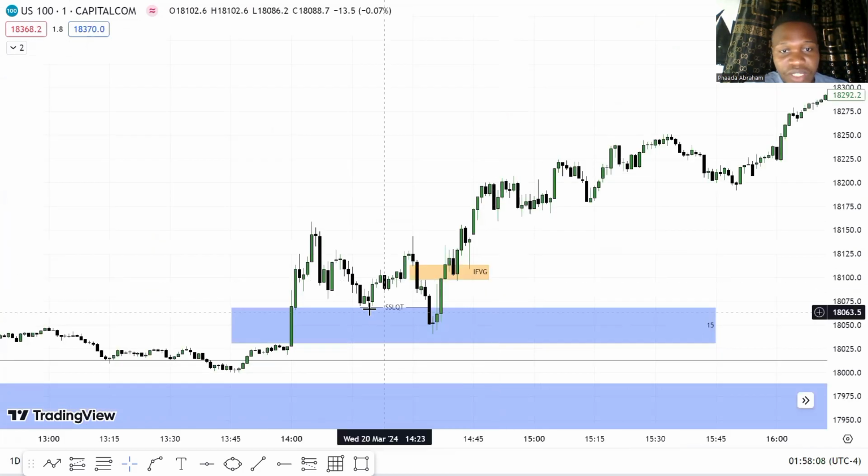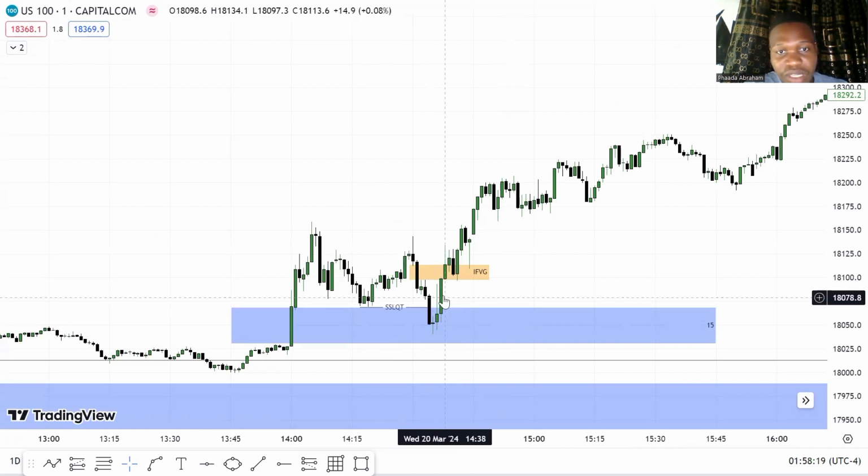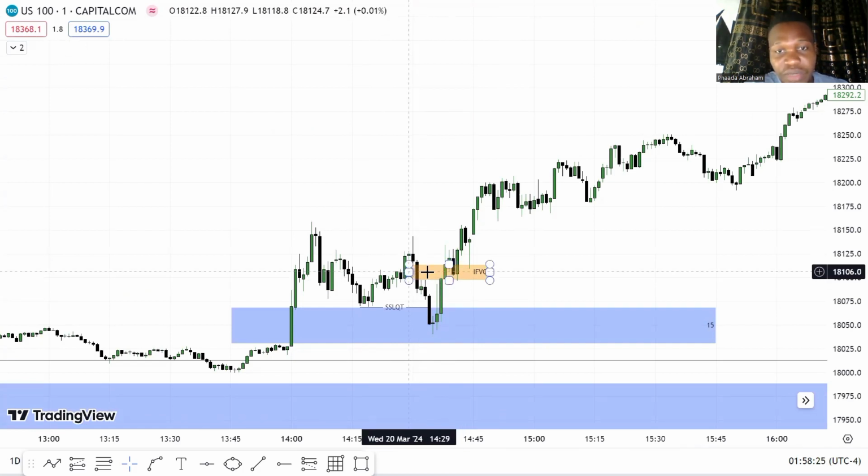After the sell side was taken, the sell side here created by 218 to 19 to 20. After the sell side was taken here, we had this move higher, disrespecting this bearish fair value gap, which has become our inversion fair value gap now because we are bullish.